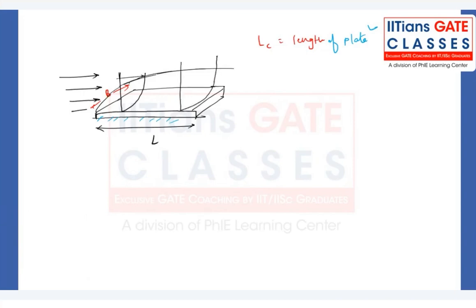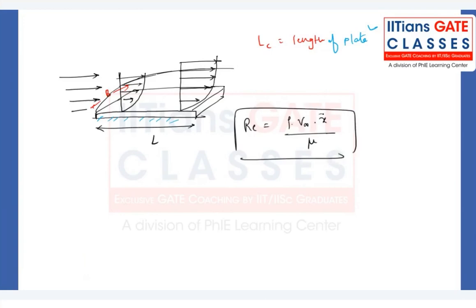Now I have intentionally made a very bulky region for the turbulent flow. See, when you move along the length, the local Reynolds number is rho times V infinity times x by mu. As you keep on marching along the plate, as you keep on changing the length, the Reynolds number keeps on changing. So length is very, very important. The width is not that important for us.